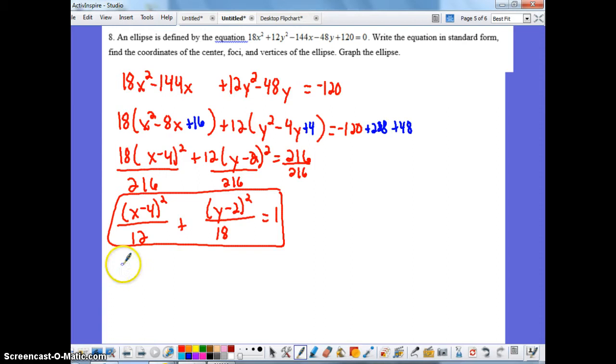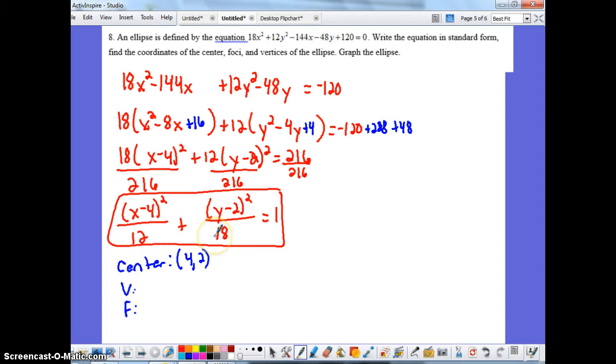Alright, so when I do this, my center here is going to be 4, 2. To find out the rest of it, the vertices and the foci, I need to find my A and my B and my C. Remember, A is always going to be the bigger one on the bottom.